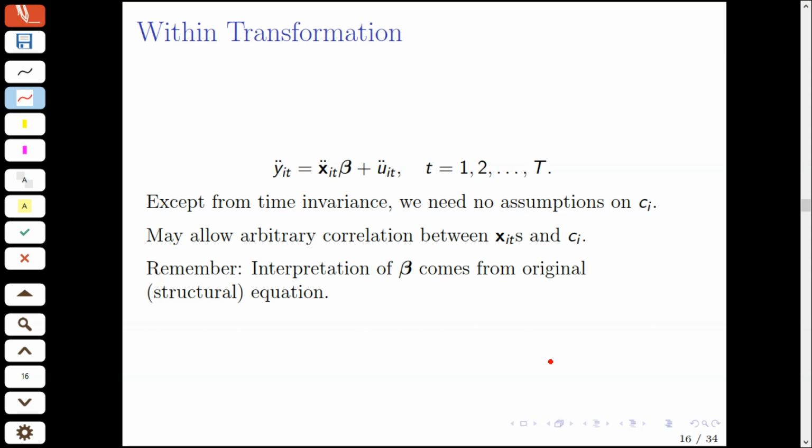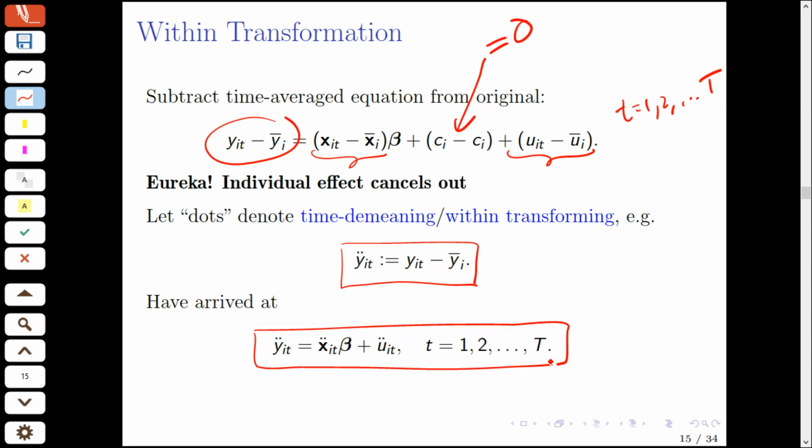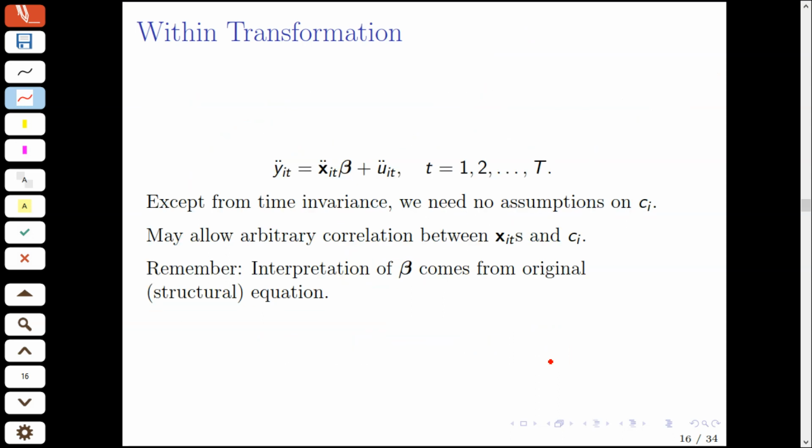So I should probably pause and say, this idea of time demeaning is often referred to as within transforming the variables, or sometimes loosely speaking, within transforming the data. And as we see, by our assumption that the individual effect is time invariant, it allows us to cancel out the individual effect.